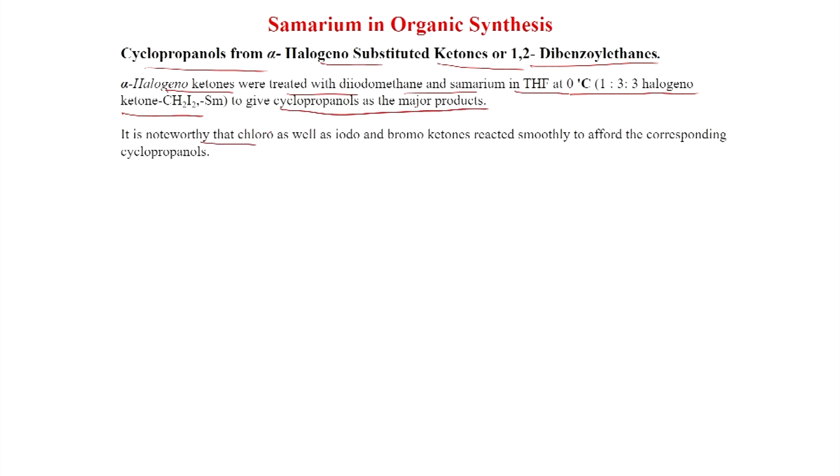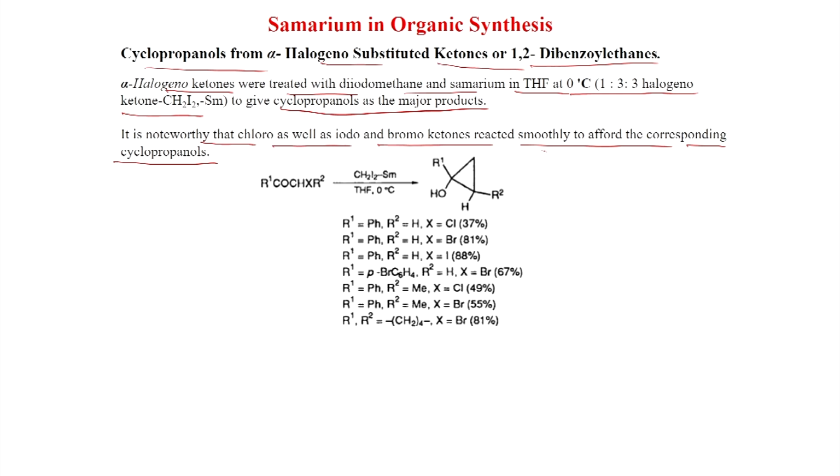It is noteworthy that chloro as well as iodo and bromo ketones reacted smoothly to afford the corresponding cyclopropanols. You can see this is the alpha halo ketone. So, with alpha halo ketone you get cyclopropanol.